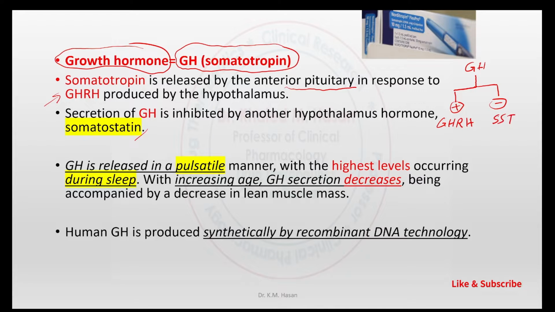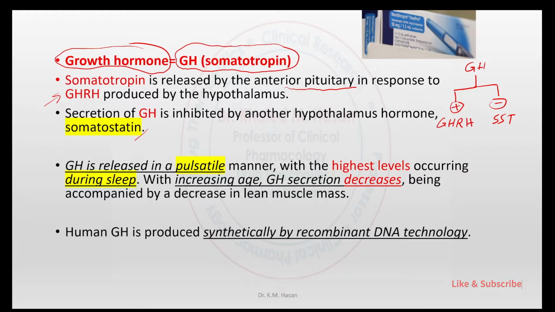The hormone responsible for stimulating secretion of growth hormone is GHRH, and the one responsible for inhibition is somatostatin, SST. So you can see the growth hormone is under the effect of two hormones produced, synthesized, and released from the hypothalamus: GHRH and somatostatin. For this reason, we see normal growth in the human body. If anything happens to growth hormone, an increase or decrease, this will lead to abnormalities.